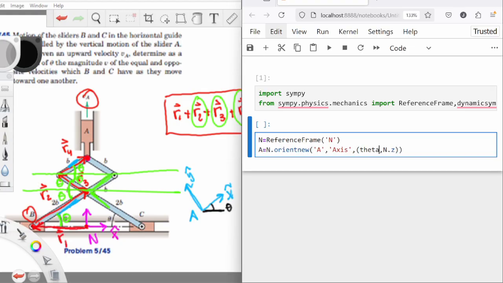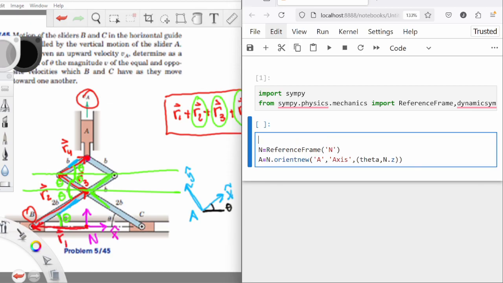We have not defined theta yet, so we have to define it by using dynamic symbols.